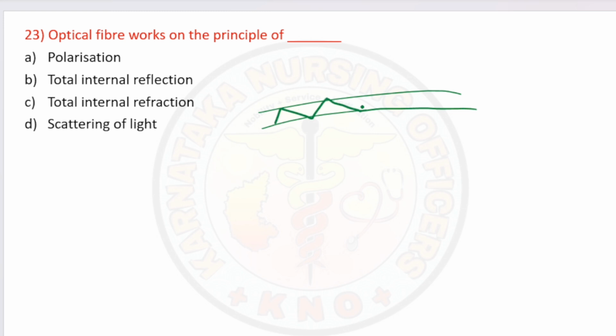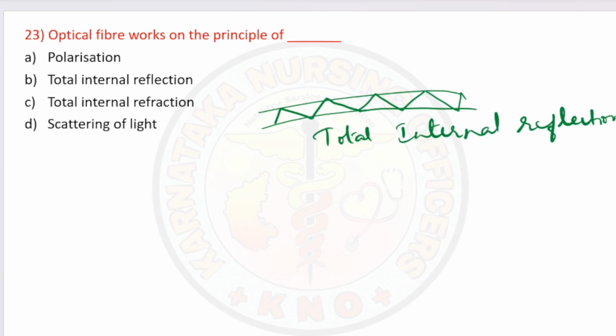See, in this optical fiber, light is reflecting again and again. This repeated reflection of light inside the optical fiber is called total internal reflection. By using this principle, optical fiber works.